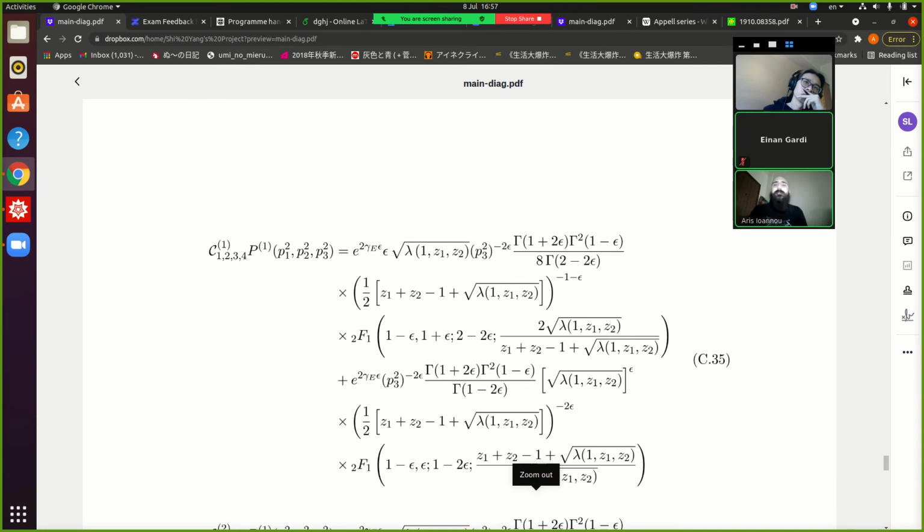Now, if you make the mistake of saying, for whatever reason, you have t to the minus alpha, and alpha in this case is epsilon, and you put epsilon minus 1, then surely you will have a pole when t is 0.